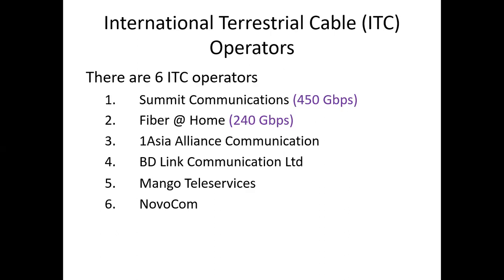I did not show their capacity, almost 400 Gbps they bring via submarine cable. I didn't show that figure here. It's just what they bring over ITC. And a few other operators you can see who bring internet over ITC.